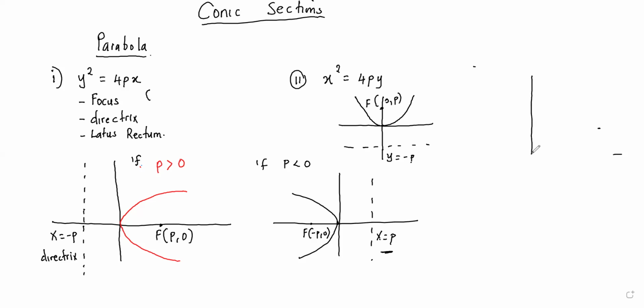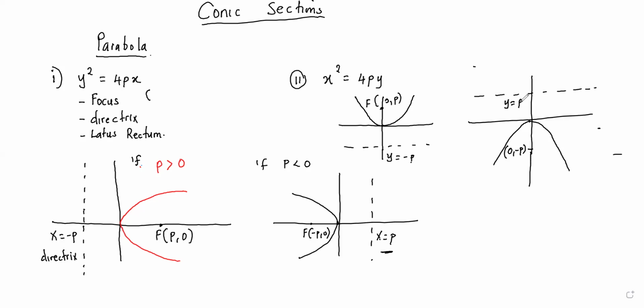And the other one, if p is negative, then it will be here, 0 comma negative p. And then the directrix will be up there, y is equal to p. Okay, so it will make sense when numbers appear.